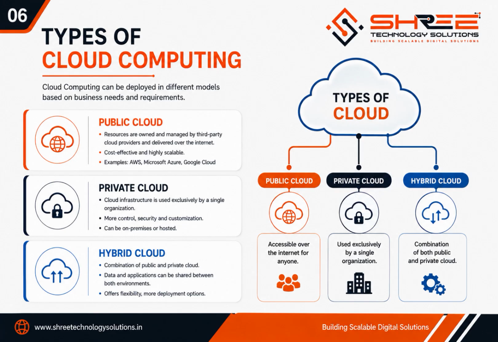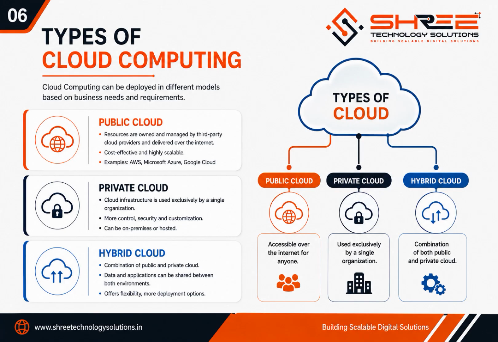Cloud computing can be deployed in three major models based on business requirements. First, public cloud. Here, infrastructure is owned and managed by third-party providers like AWS, Microsoft Azure, and Google Cloud. It is highly scalable, cost-effective, and accessible over the Internet to everyone. Second, private cloud.